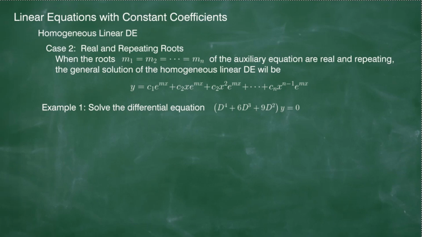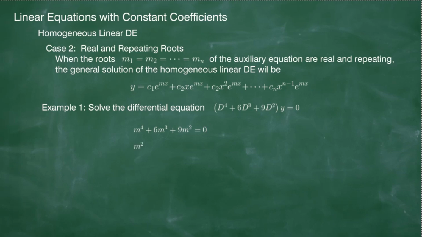Okay, example: solve the differential equation D to the fourth plus 6D cubed plus 9D squared acting on y equals 0. First, we write the auxiliary equation. That's m to the fourth plus 6m cubed plus 9m squared equals 0. And then from this, we can factor out m squared, which is common to all three terms.